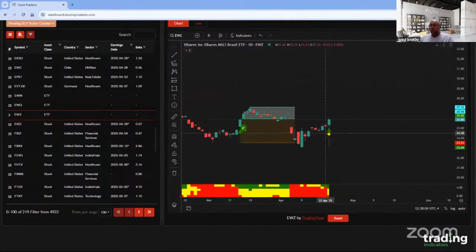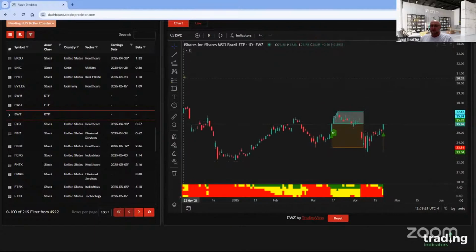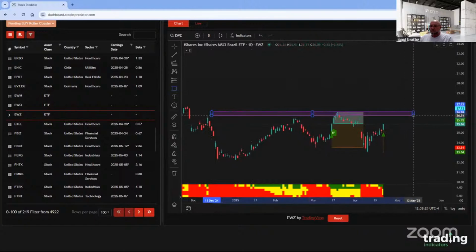We've only got one green at the moment. This is the green triangle, so that's the roller coaster. What we're looking for now is momentum to build to get a 6-star buy for all of this to go green. And most likely, if that happens, I would be really interested if it broke this sort of level. Let's just take that to the weekly.